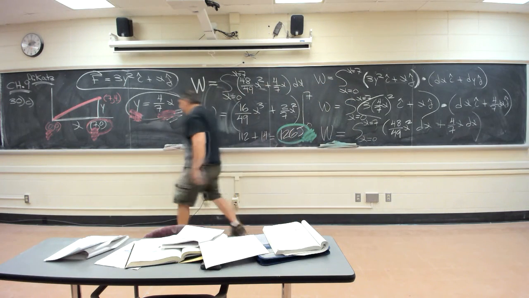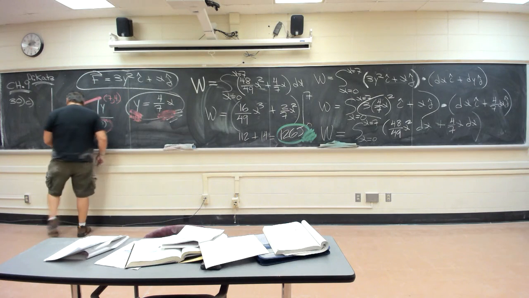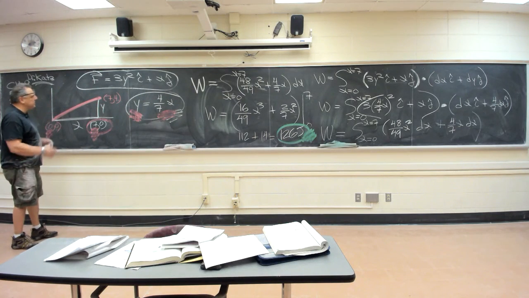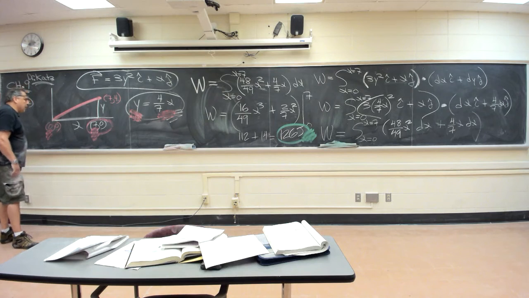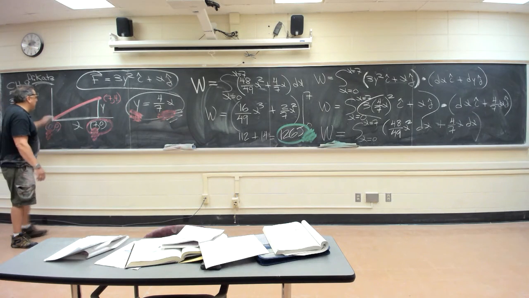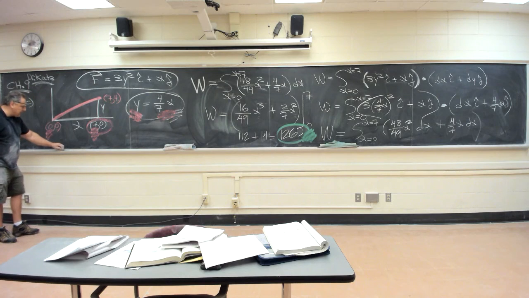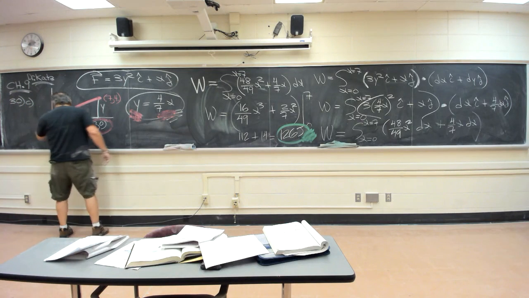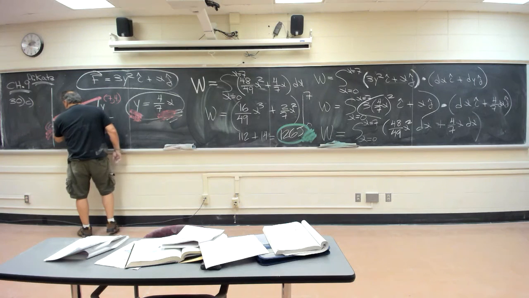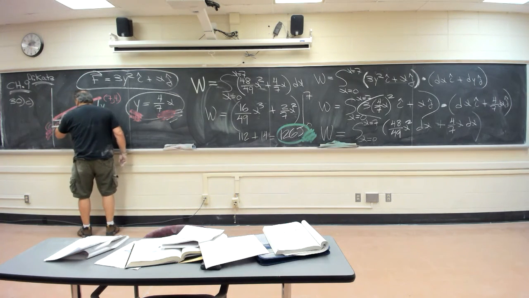Now, they could have really tried to pull a fast one on you. They could have given you the length of this thing and said that there was an angle. It's coming from an angle, this is 90 degrees, and this is some angle theta.